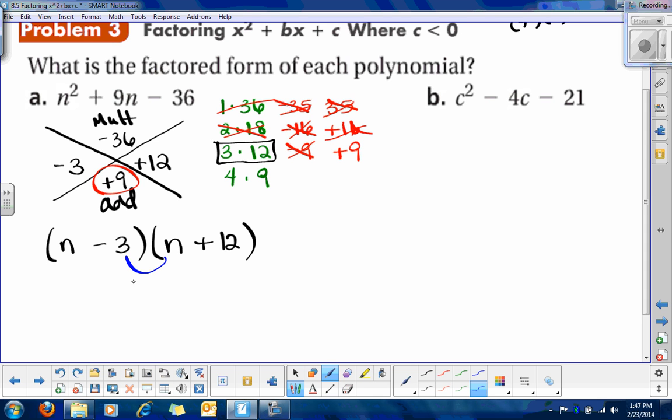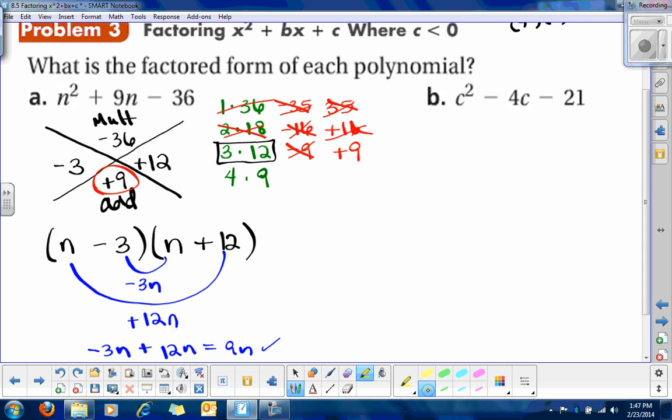So inner terms, negative 3n, outer term, positive 12n. So that is going to give me positive 9n. Negative 3n plus 12n equals 9n, and that's what we want. So our answer is correct.